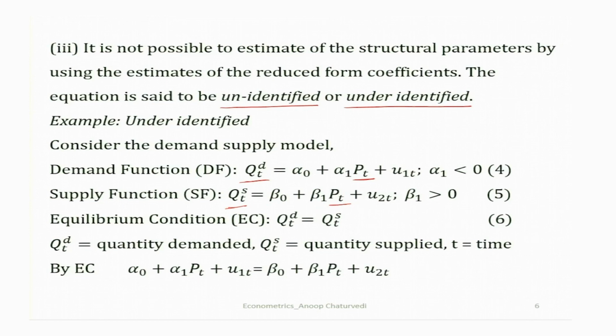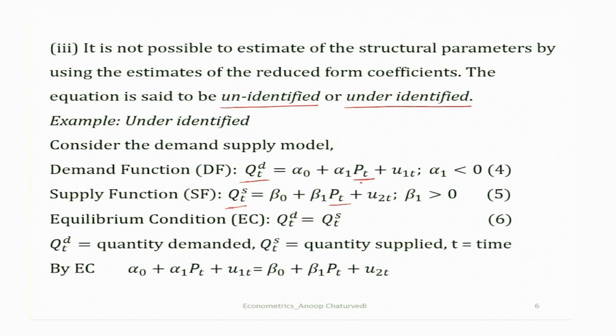Then we have an equilibrium condition. The equilibrium occurs when the quantity demanded is equal to the quantity supplied, that is q t d is equal to q t s. So, Q t d is the quantity demanded, Q t s is the quantity supplied, t is the time, and p t is the price.